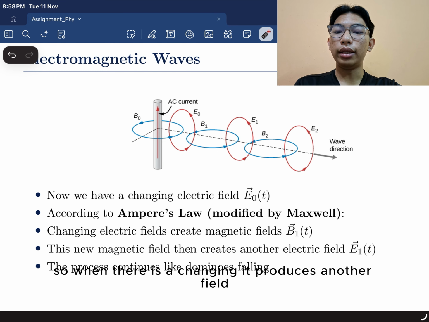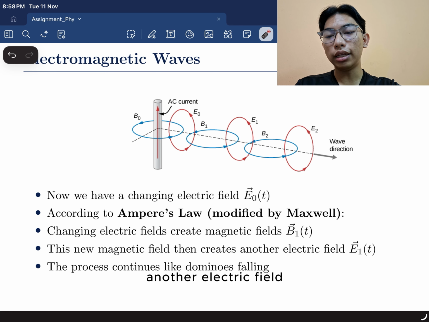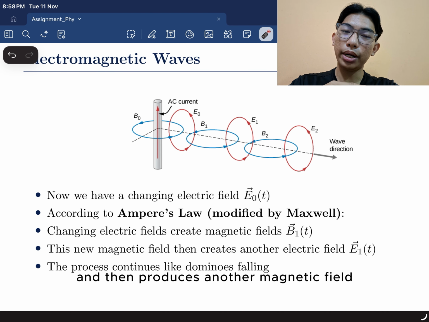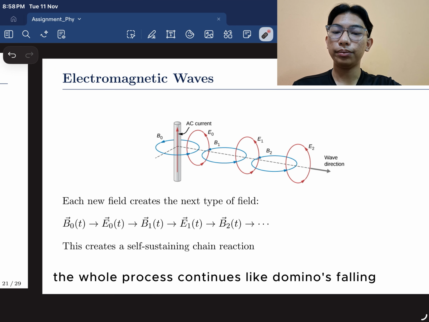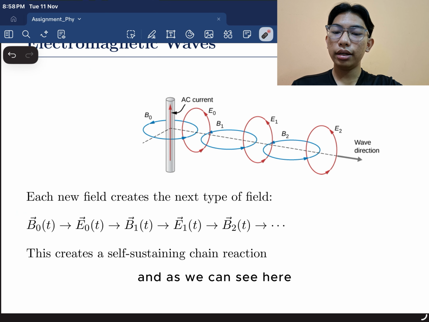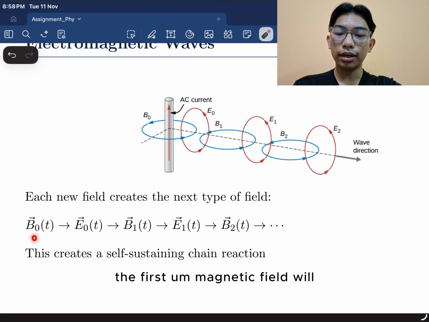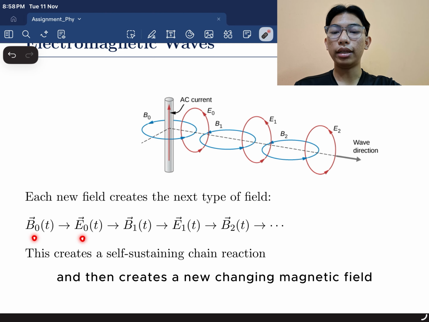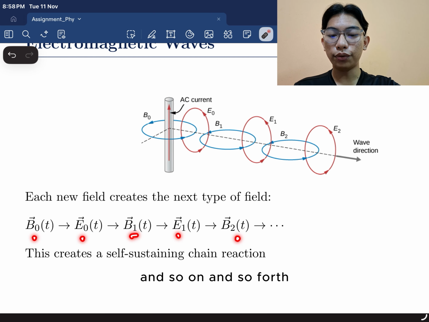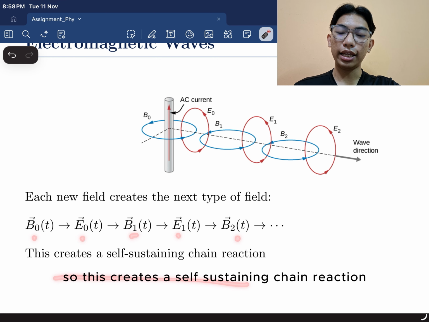So when there is a change, it produces another electric field, and then produces another magnetic field. The whole process continues like dominoes falling. As we can see here, the changing magnetic field produces a changing electric field, which then creates a new changing magnetic field, and so on and so forth. So this creates a self-sustaining chain reaction.